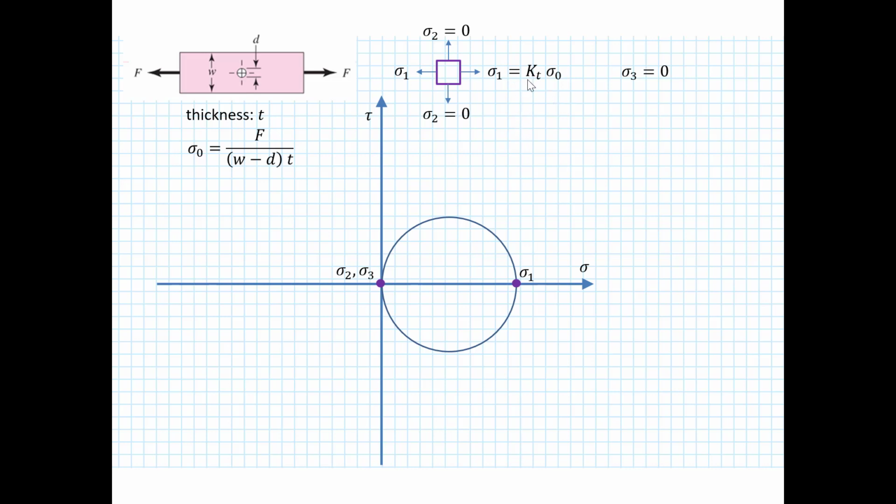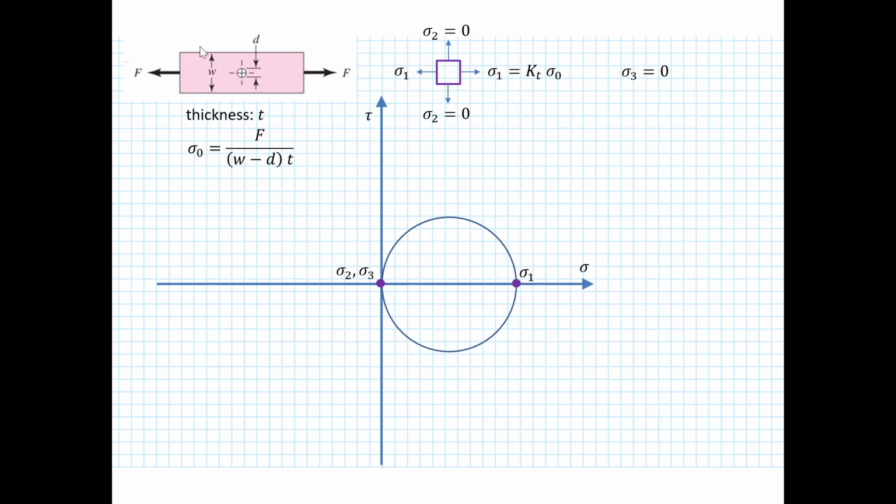So that is a principal stress because there are no shear stresses acting on that face. So by definition, it is a principal stress. And the other thing is in the direction perpendicular to the plane, there's no load. There's no nominal stress. So sigma 1 is a tensile stress. So it is KT times sigma naught.